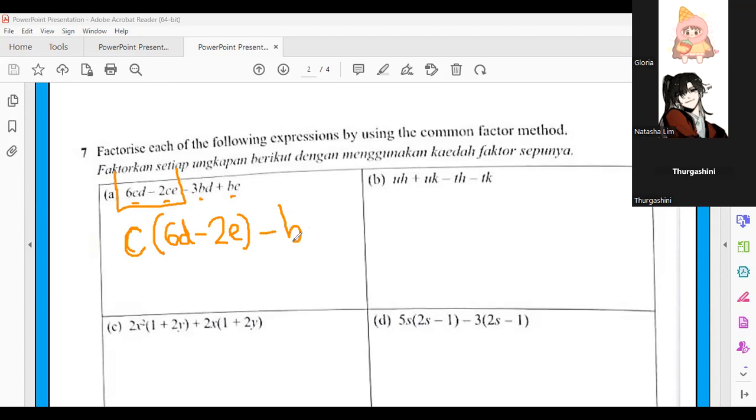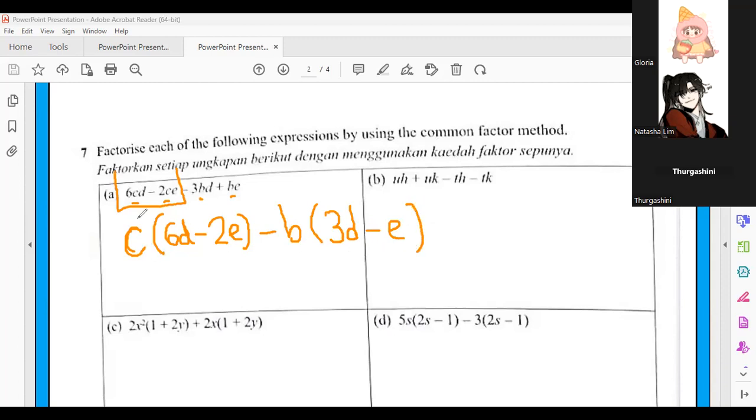Now mind, I take out negative B. So if I take out negative B, then this would be positive 3D. And then this would be, oh no, negative, sorry, negative E. Do you see that?